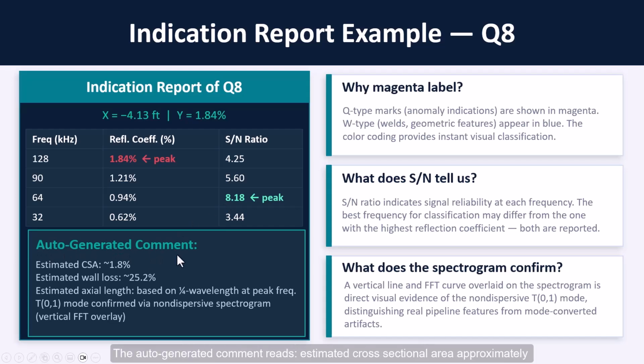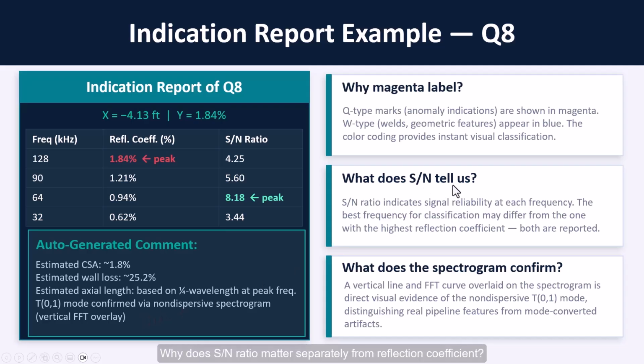The auto-generated comment reads estimated cross-sectional area approximately 1.8%, estimated wall loss approximately 25.2%, with axial length estimate from the wavelength at the peak frequency, and the T01 mode confirmation via the nondispersive spectrogram.